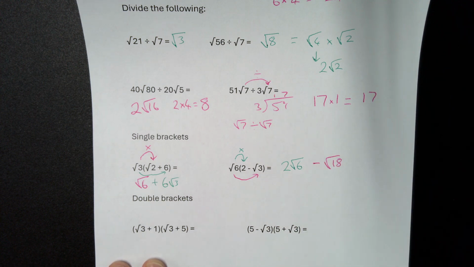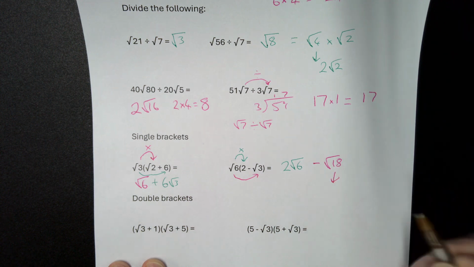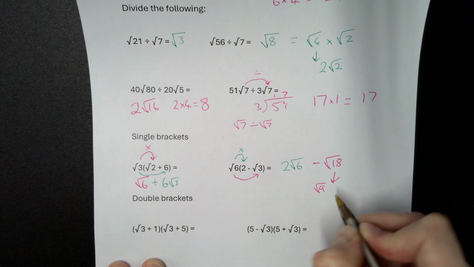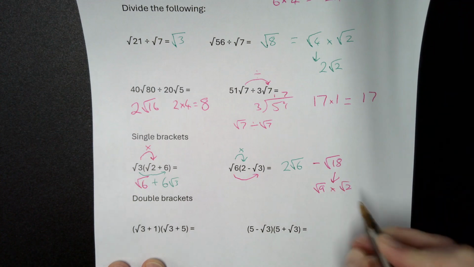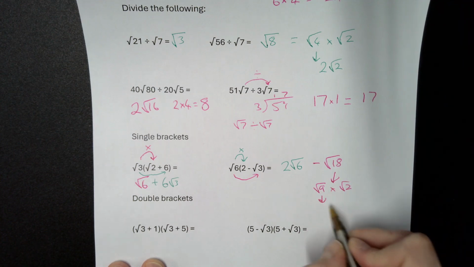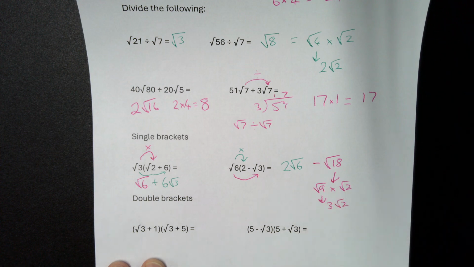Okay, and just check, root 6 cannot be simplified, but root 18 can. 9 can fit into there twice, so that's root 9 times root 2. That simplifies to 3 lots of root 2.